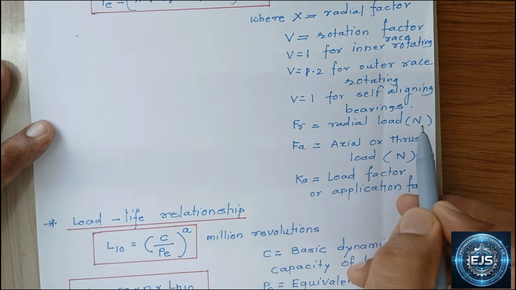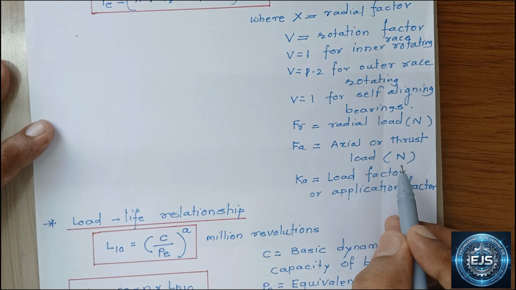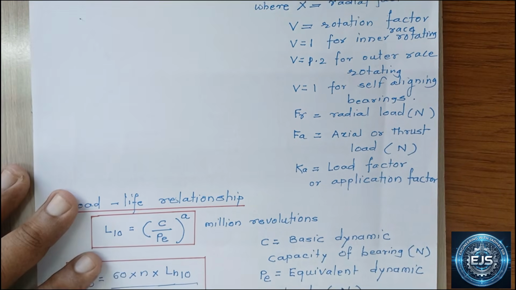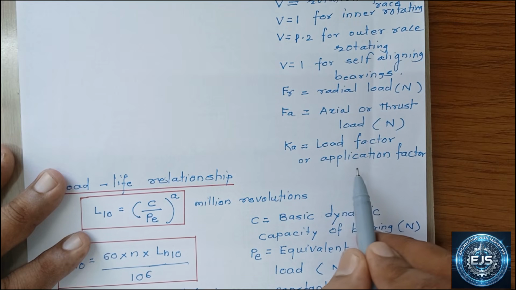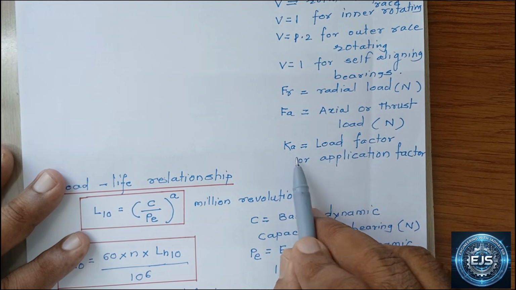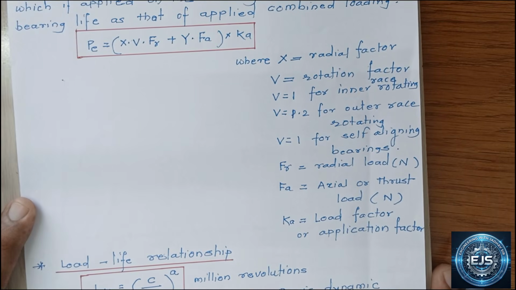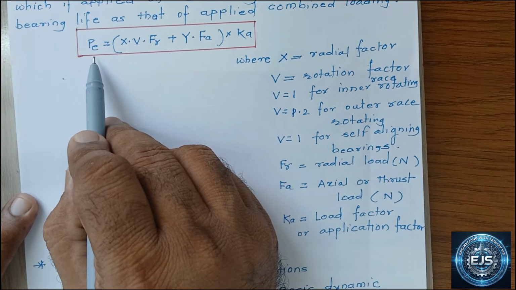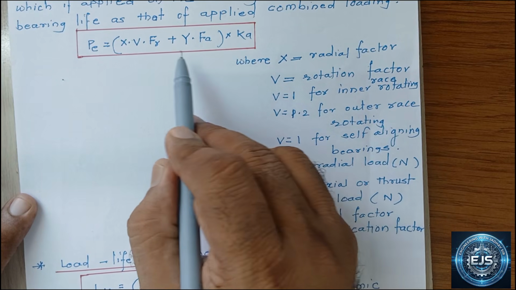FR is the radial load, in Newton or kilonewton. FA is the axial or thrust load on the bearing, in Newton or kilonewton. KA is the application factor or load factor. It is also called a service factor. So KA is the load factor or application factor. So equivalent dynamic load is calculated by this formula, PE = (XVFR + YFA) × KA.